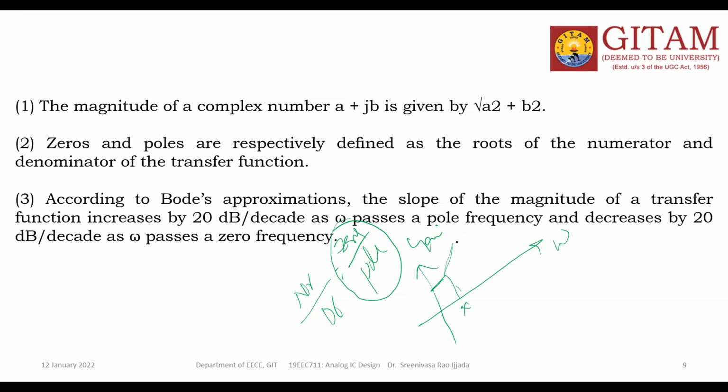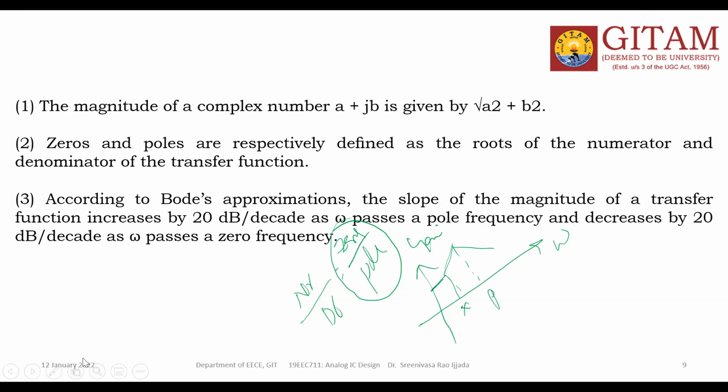Suppose one pole comes here, then it is decreased by 20 dB per decade. So like this, the gain in the magnitude response plot either increases or decreases by 20 dB per decade, with the respective pole and zero concept.